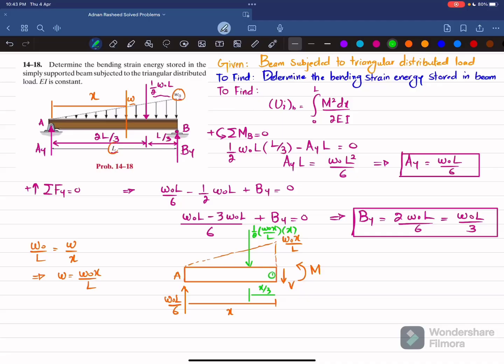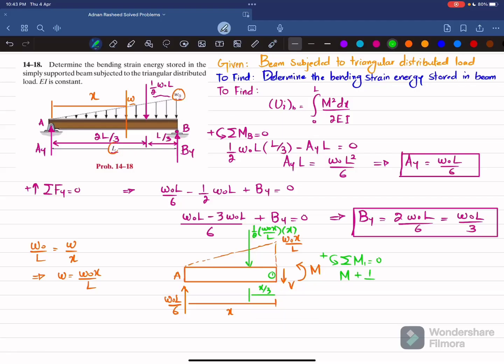Now we will find this moment by using the equation of equilibrium that the sum of all moments about point 1 is equal to 0, taking the counterclockwise moment as positive. So about point 1, the first moment is this counterclockwise moment or reaction moment, which is plus M. So I will write plus M. The second moment is due to this load and the perpendicular distance is x by 3, and this is also producing counterclockwise moment, so it will be positive.